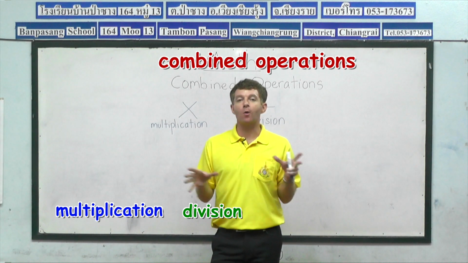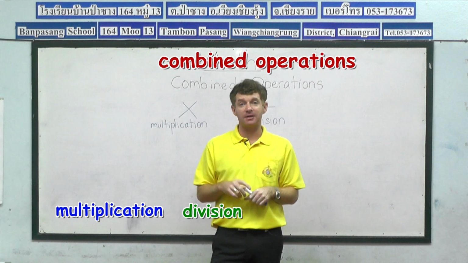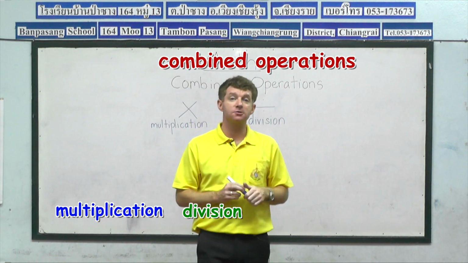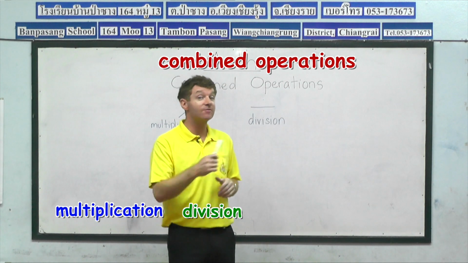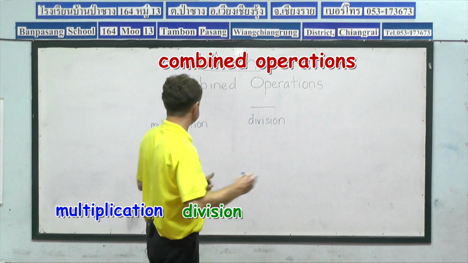Yes, and what we're going to do now is we're going to have some of our students demonstrate their understanding, because I will do a combined operation sum on the board and then invite our students forward to fix it for us. So let's begin.